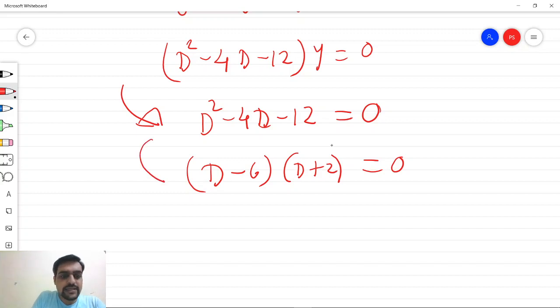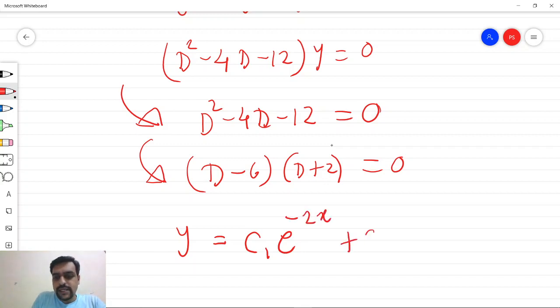Correct? This factorization can always be performed. We can cross check. So the solution will be c1 e raised to minus 2x plus c2 e raised to 6x.